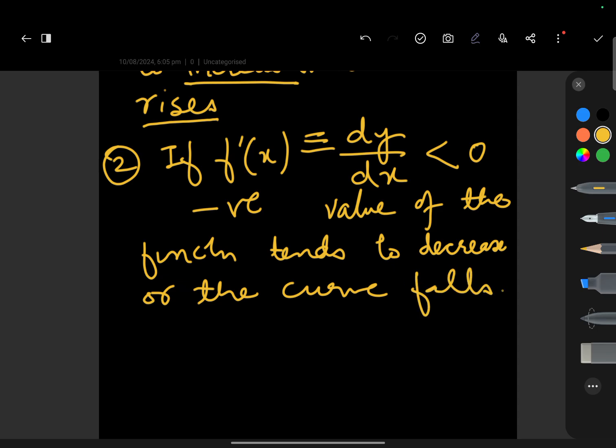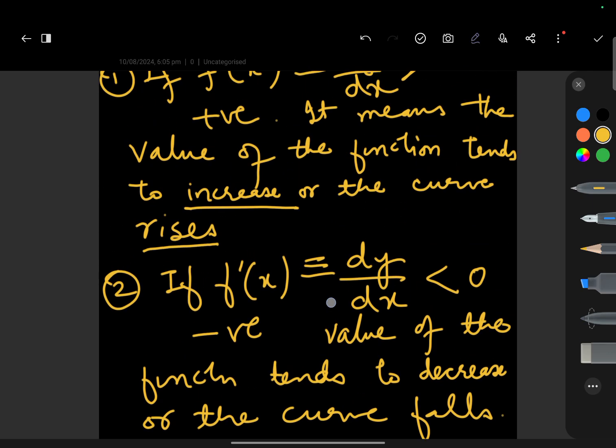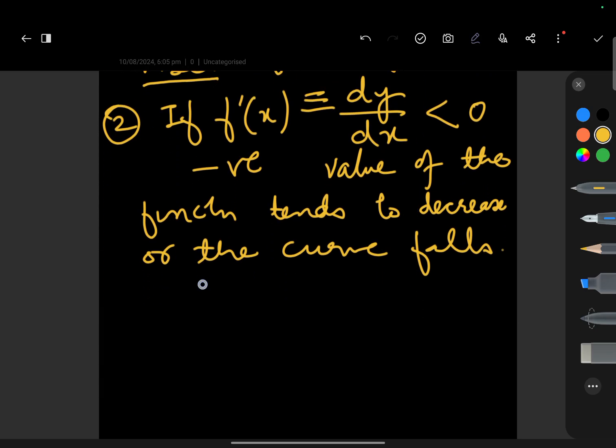So we come to know these properties. In the first, the curve rises from left to right, and here the curve falls from left to right.